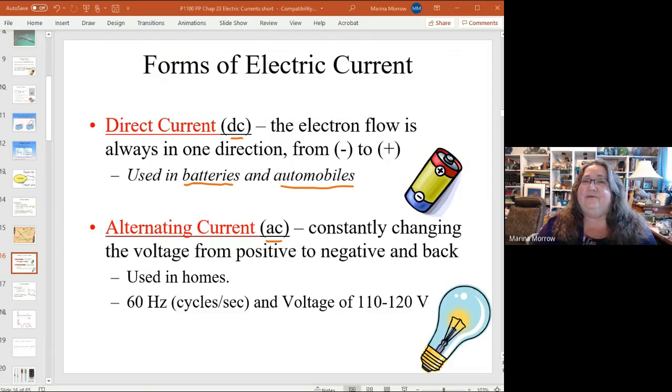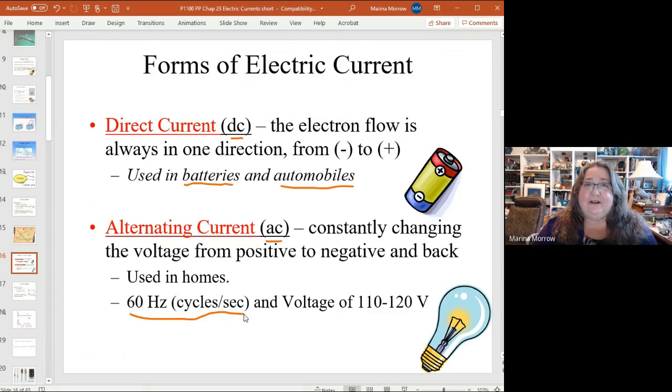It also works for a lot of other purposes because we build motors that are attuned to that back and forth motion, which we'll discuss in 2 more chapters, chapter 24, 25, one of those. So in homes we use a 60 cycles per second frequency.